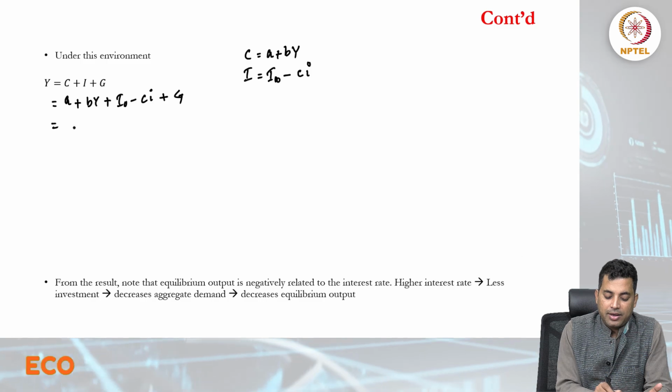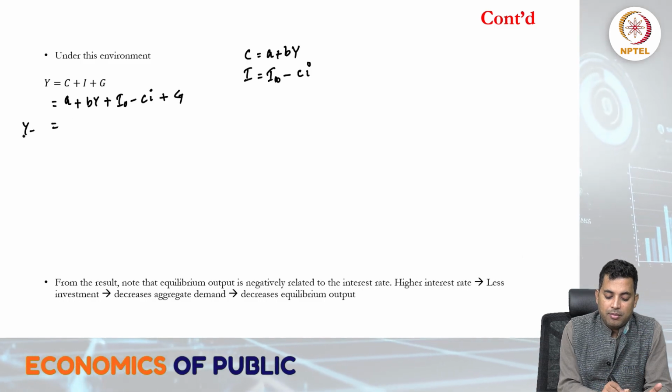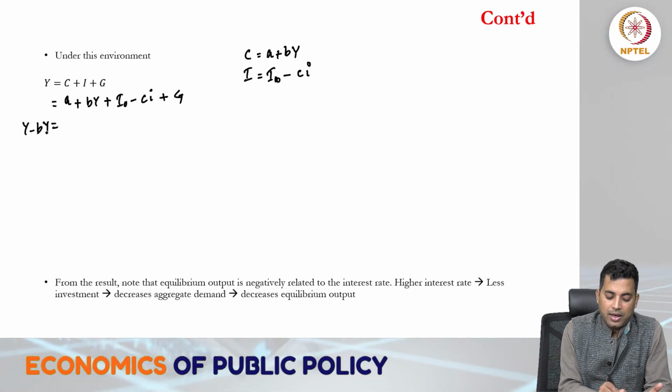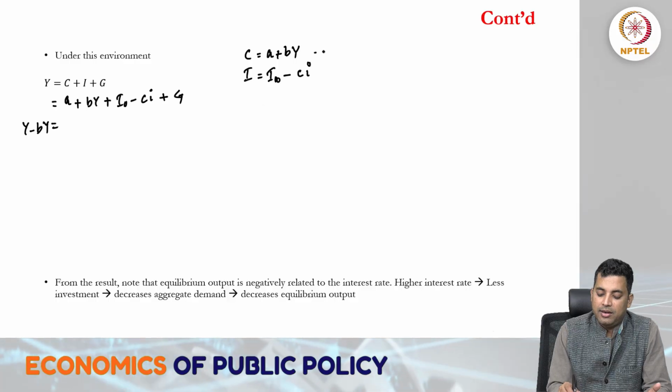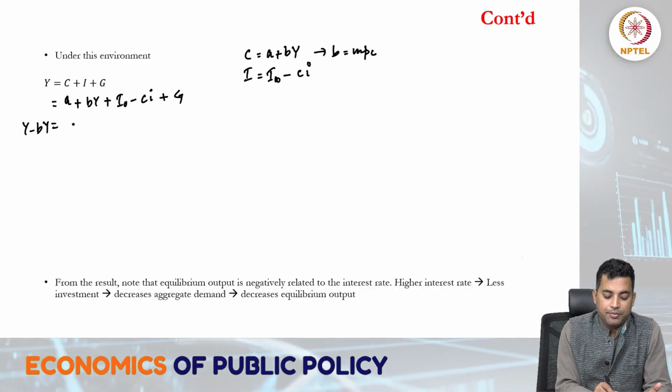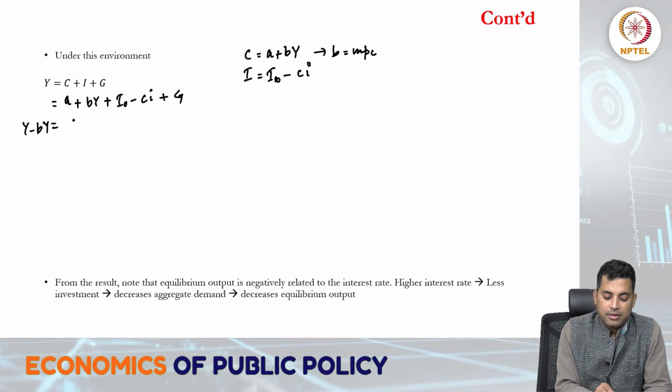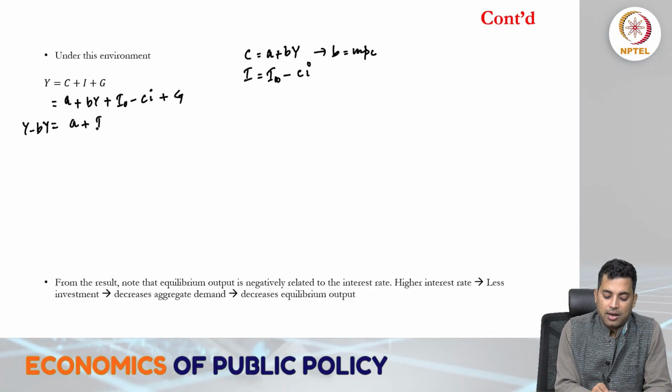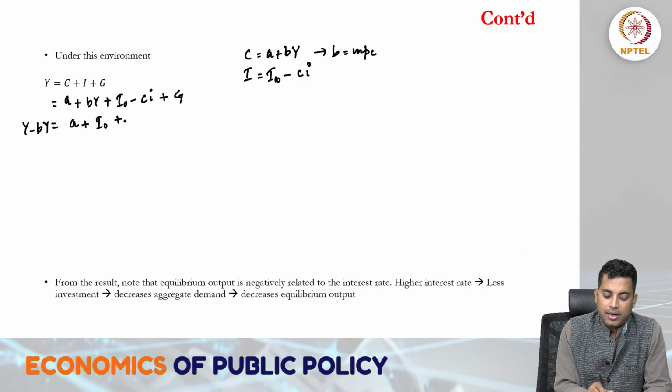So here we can write Y minus BY, where B is the marginal propensity to consume, equals A plus I naught plus G.